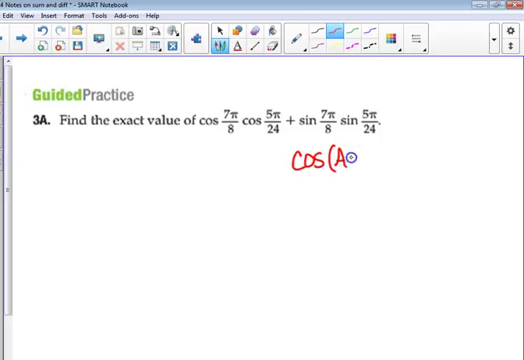Cosine of A minus B, okay? And our numbers are 7/8 pi and 5/24 pi, okay? I'd like to think you could all get a common denominator and subtract, but feel free to use your calculator. 7/8 minus 5/24.